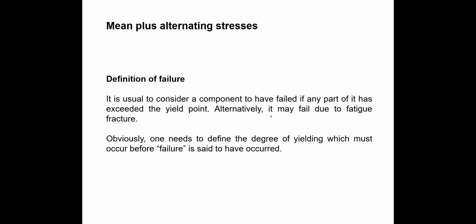Next slide. Definition of failure with the mean stress. It is usual to consider a component to have failed if any part of it has exceeded the yield point. Ordinarily, it may fail due to fatigue failure. So you know this explanation already. If it exceeds the yield point, it will fail.